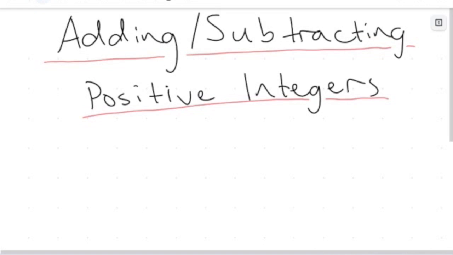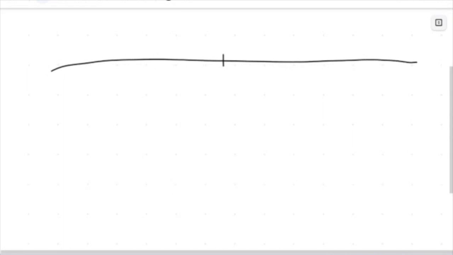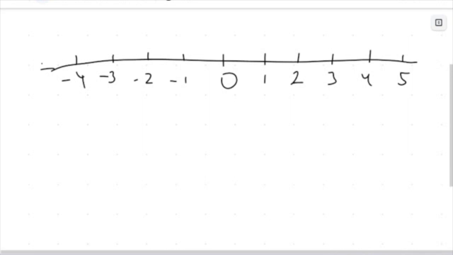Everything that we're working through here is going to reduce back to the number line, ranging from the positives, 1, 2, 3, 4, 5, let's just go to here for now, and we have -1, -2, -3, -4, and -5.